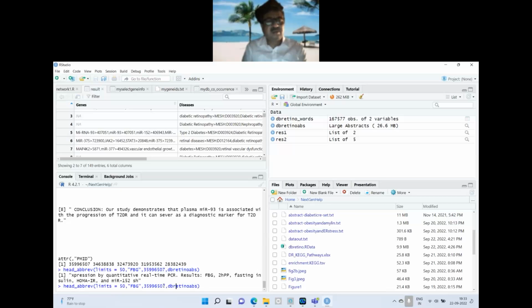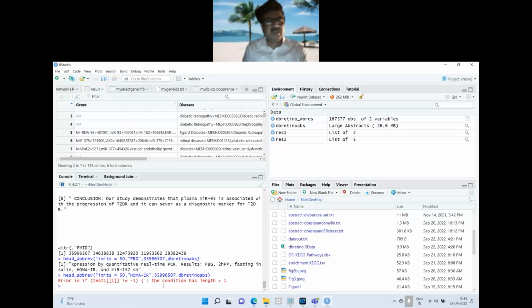And we can also try to see if HOMA-IR is also explained here. No, it is not coming. So that means the explanatory part of this abbreviation is not appearing in this case.